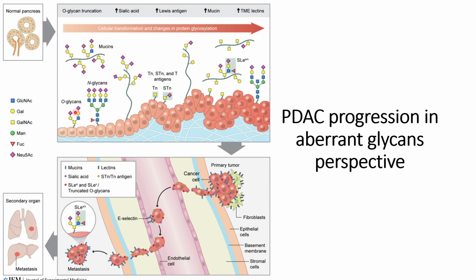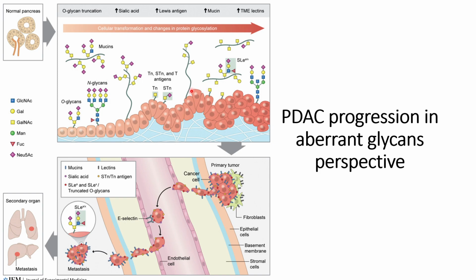Initially the truncation of O glycans will occur, and thereafter aberrant sialic acid formations at the cell surface will be observed. When it further moves towards the pancreatic cancer tumor stage, then Lewis antigens will start to form, such as Tn antigen, STn antigen, or T antigens.